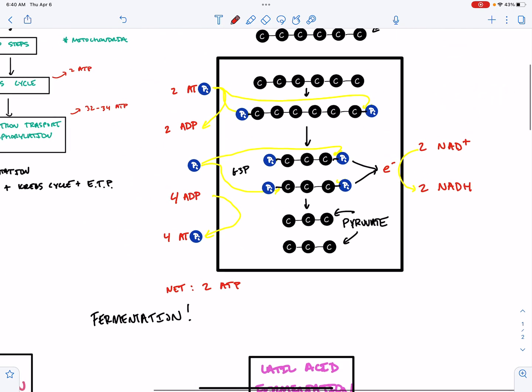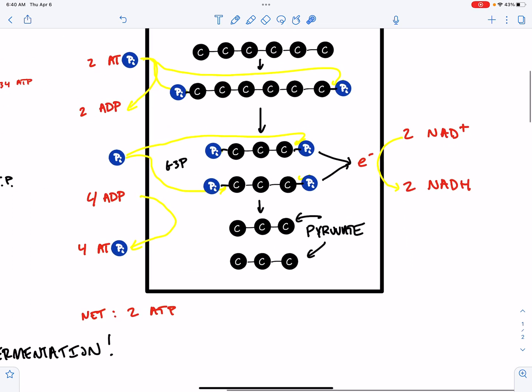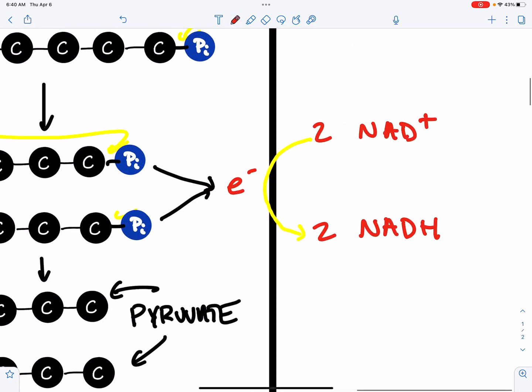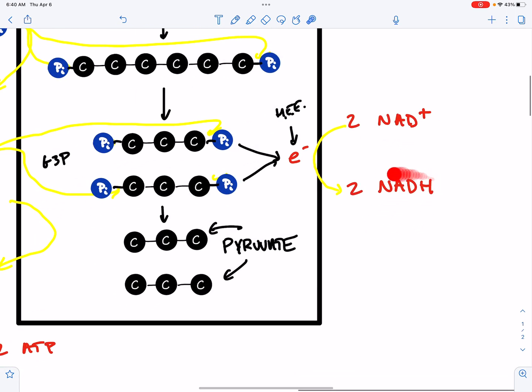We also performed a redox reaction. So we had this 3-carbon molecule, G3P, that was charged up with some energy that we deposited on it from ATP. And we extracted some high energy electrons, HEEs, and we stored them on a carrier molecule called NADH.